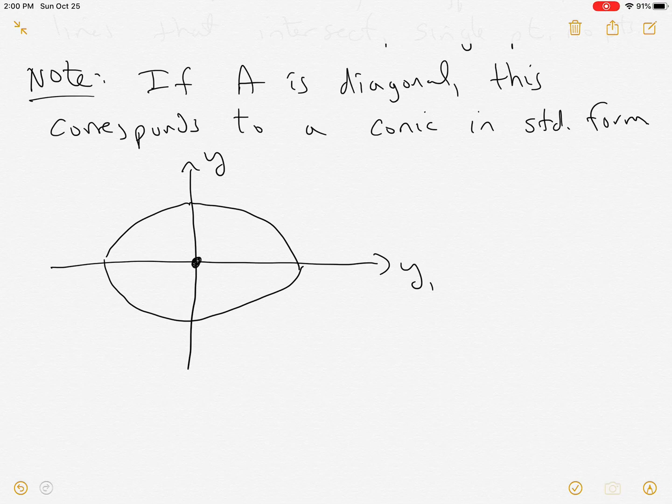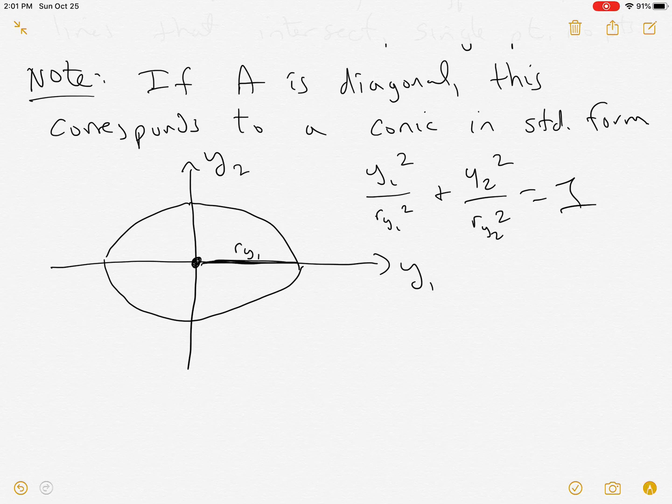And so if it's an ellipse, it's going to look like this. I have to use these variables, so it's going to be y1 squared over r sub y1 squared plus y2 squared over r sub y2 squared equals 1. That's the standard form. And this length here is called the x radius when you're in xy, but we're using all y's now, so that's the r sub y1 radius, and then this is going to be the r sub y2 radius. And they lie on these orthogonal lines.